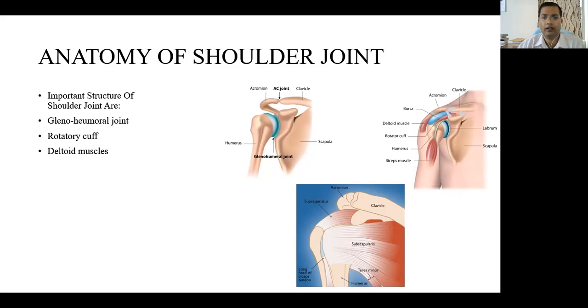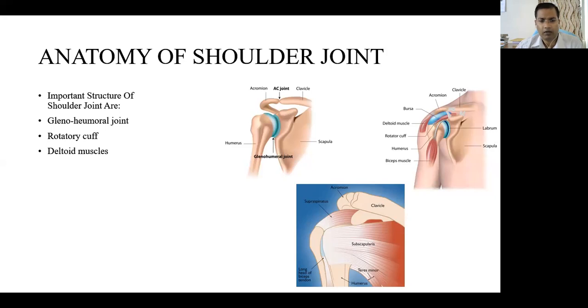That is called the rotator cuff. It includes muscles like subscapularis, supraspinatus, teres major, and teres minor. These muscles cover the shoulder joint and attach to the humeral head. These are jointly called the rotator cuff.